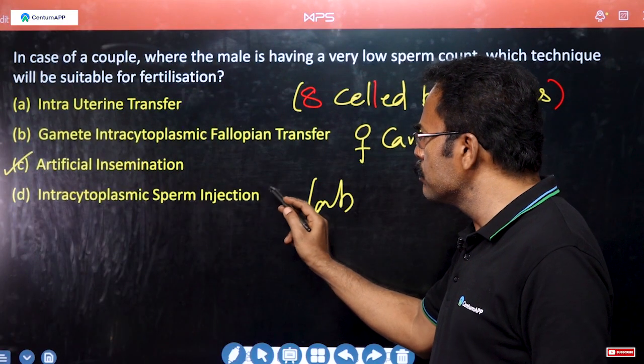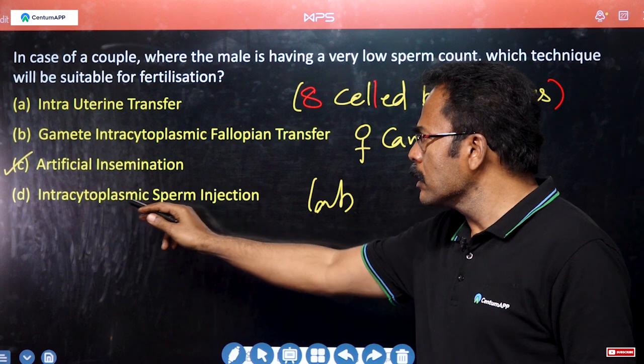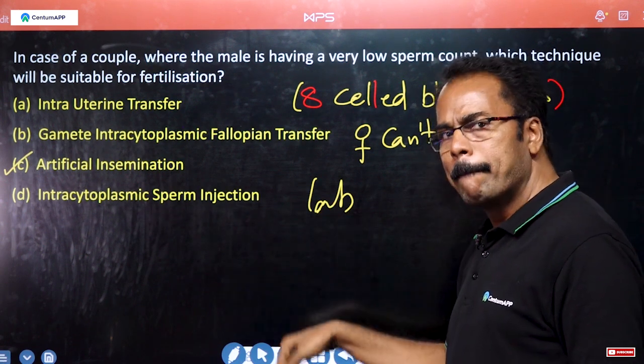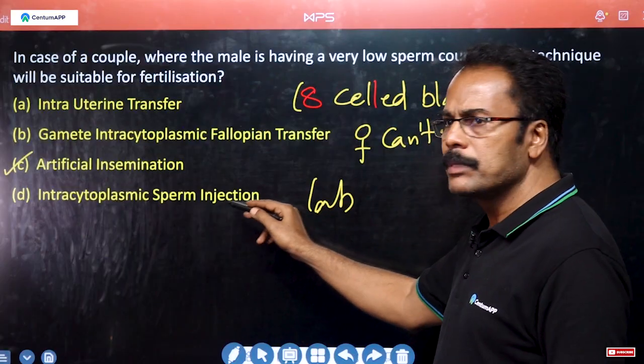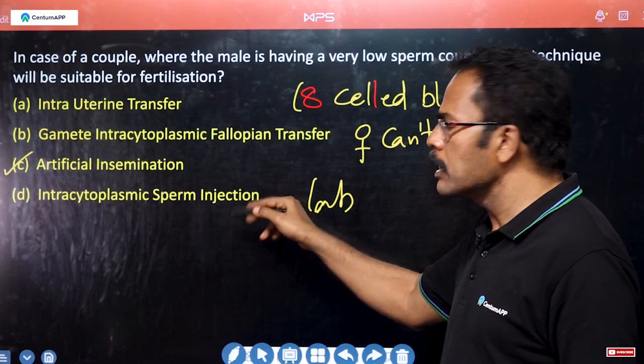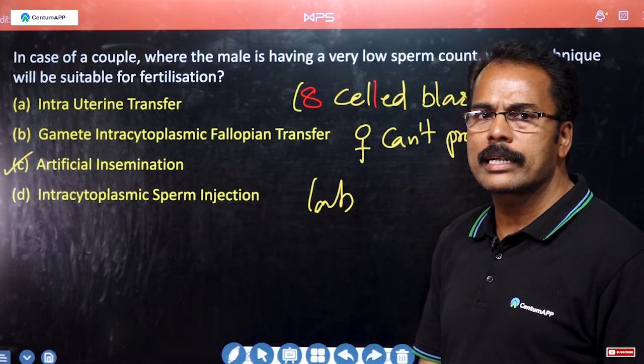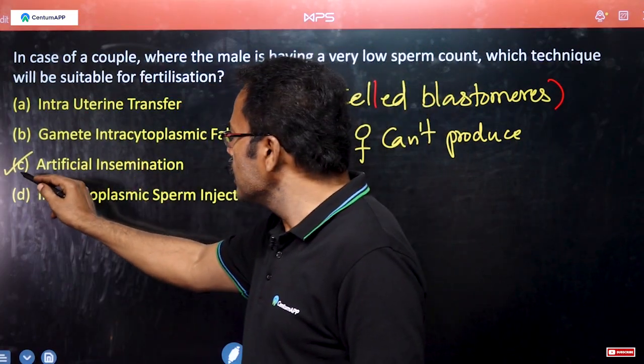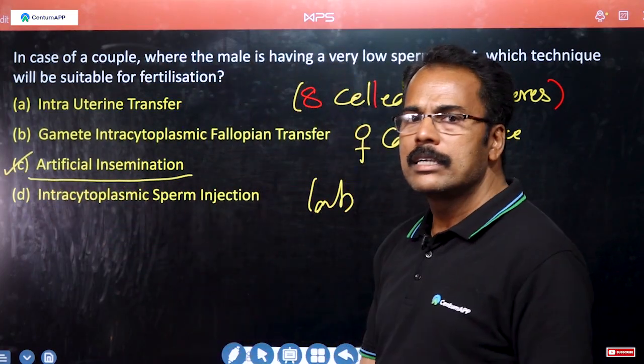The sperm can be received from the donor and injected into the ovum directly in the laboratory. So, for this question, C is the correct answer, that is artificial insemination.